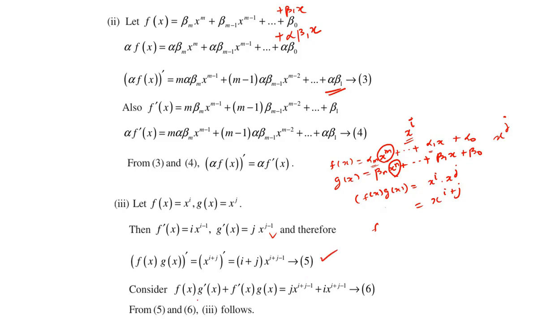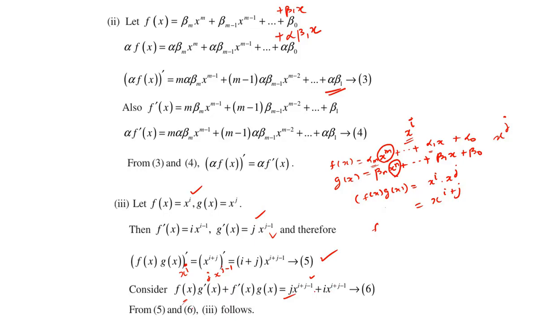And when you consider f of x into g prime of x, f of x is x power i, and g dashed of x is j x power j minus 1. So when you add the integers, this is what you get: i plus j minus 1, and this j retained as such.